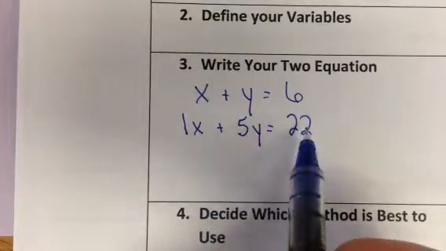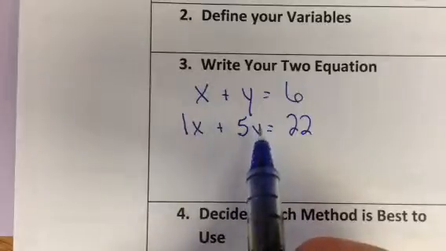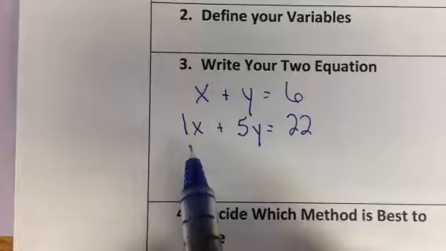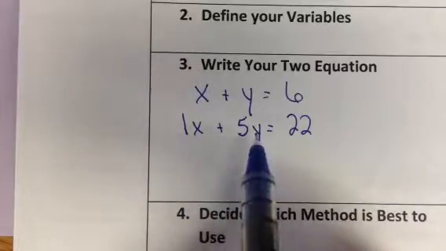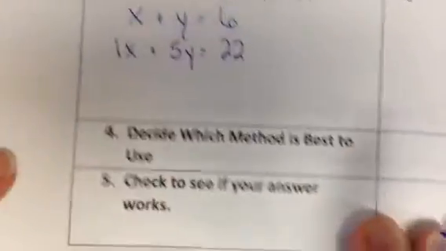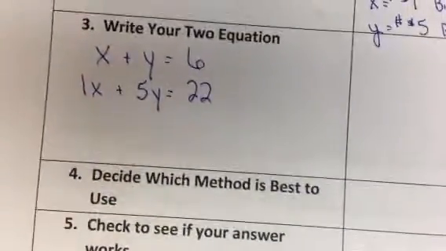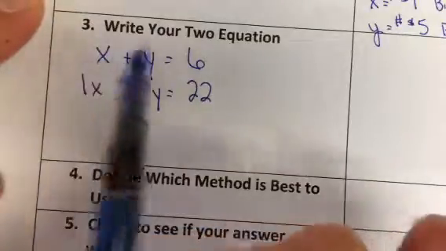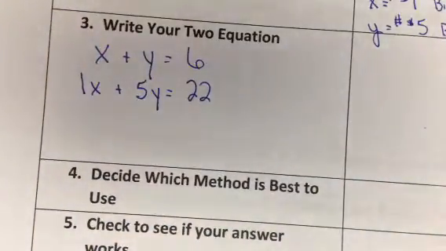That would give him $6. So maybe it's 4 here and 2 here. I don't know. What else could it be? Or it could be 1 of these and 17 of these, for instance. So this is a good method to use for substitution. You just want to get these both to be 1s or both to be 5s. So you want to finish this one, no decimal.